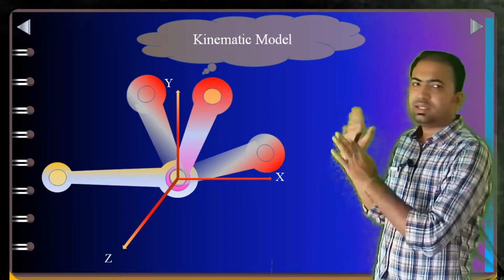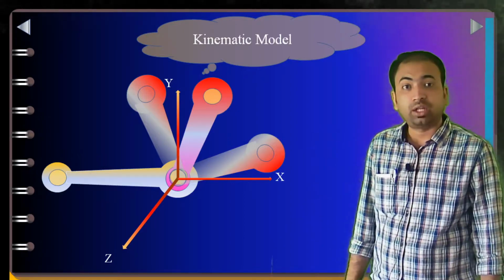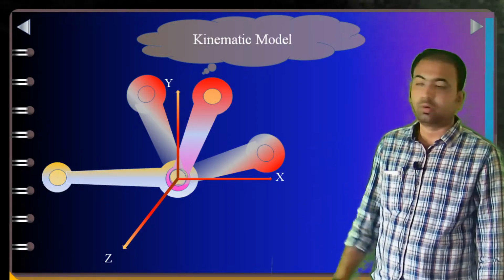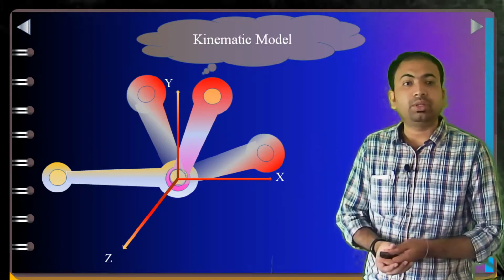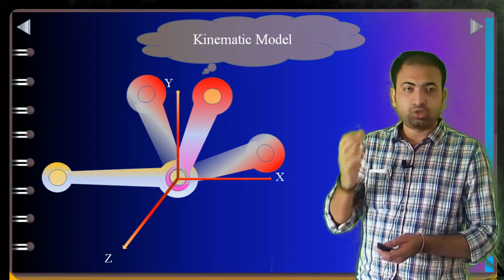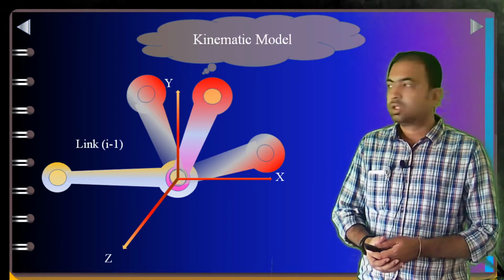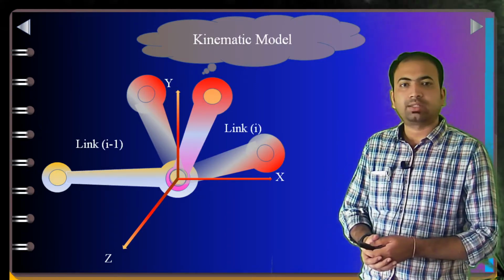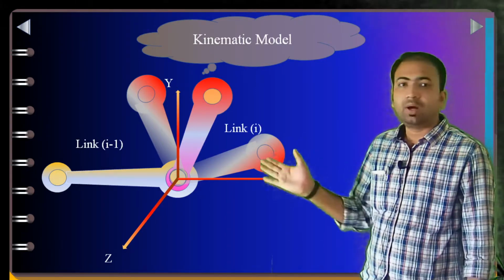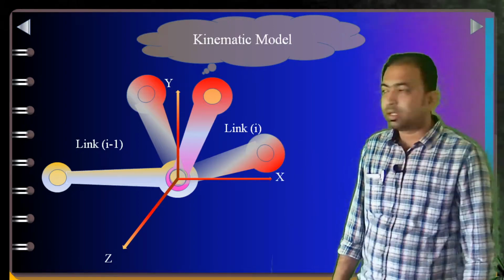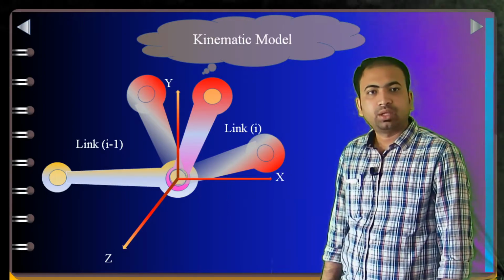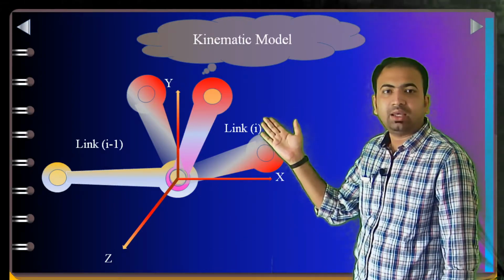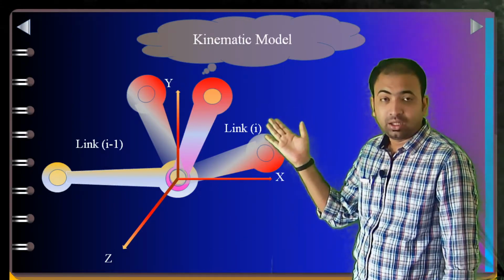So, this is something about our rotary joints, where two links are coupled with a rotary joint. As I said, we have, for example, two links, link 1 and link 2, where link 1 can be represented by link i minus 1 and this one is link i, that is link 2.